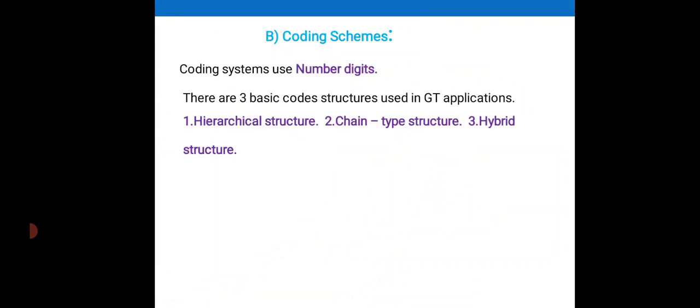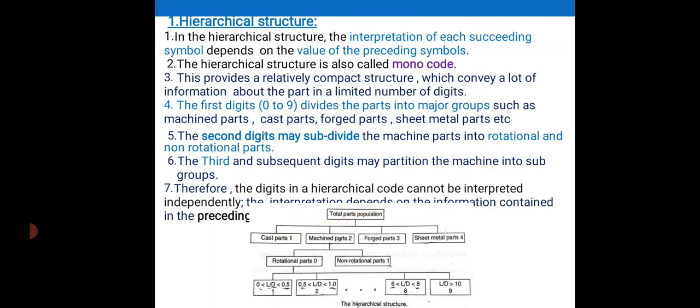Coding schemes means the coding system uses number digits. There are three basic codes used in GT applications: hierarchical structure, chain type structure, and hybrid structure. Hierarchical structure is where the interpretation of each succeeding symbol depends on the value of the preceding symbol. The hierarchical structure is also called monocode, providing a relatively compact structure which conveys a lot of information about a part in a limited number of digits.